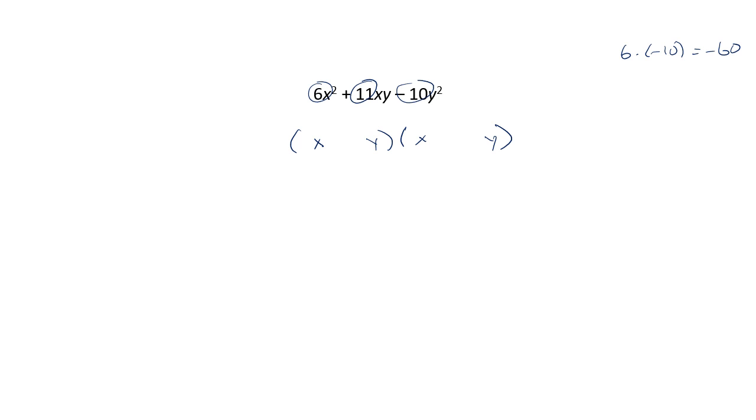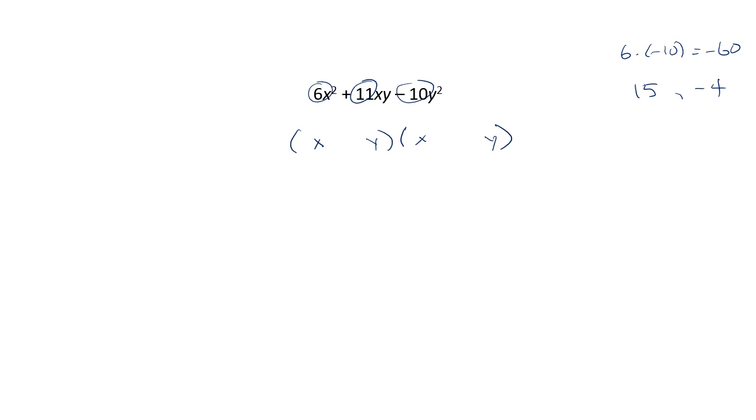Now, I'm not going to make you sit here and watch me write out the whole list. Turns out 15 and negative 4 are the match that we need. 15 times negative 4 is negative 60. 15 plus negative 4 is 11.